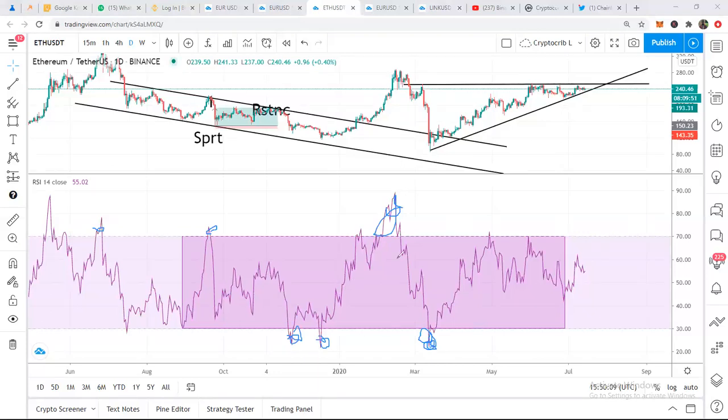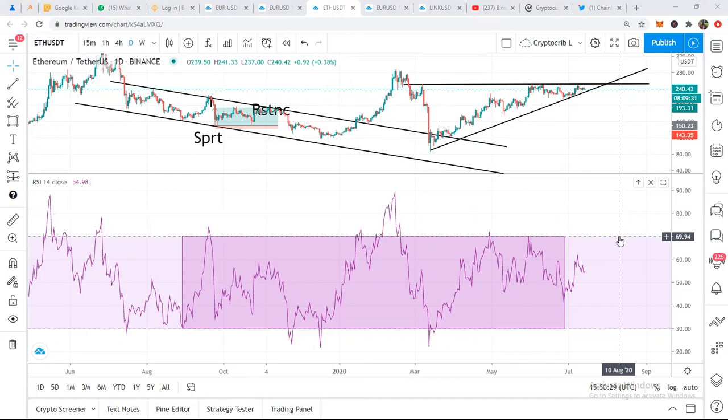So, let's go right into it. How do you use the RSI to trade as an indicator? So this is what RSI does.